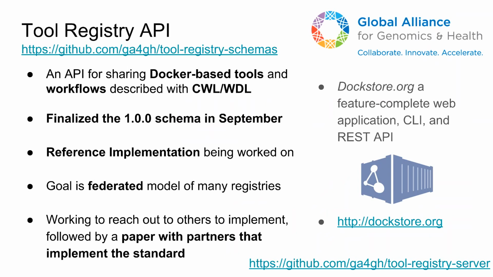And what better organization to do that than the Global Alliance, so GA4GH. And so what we ended up doing is working through the Container and Workflows task team to build an API for sharing Docker-based tools and workflows. And so this is the GA4GH tool registry API that I mentioned a little earlier. So at this point, we finalized the 1.0 schema and supported that in Dockstore.